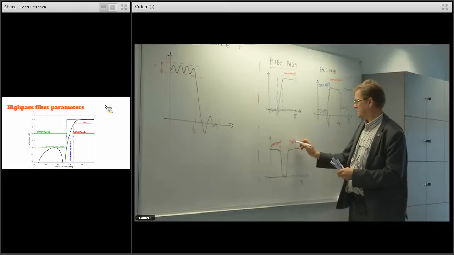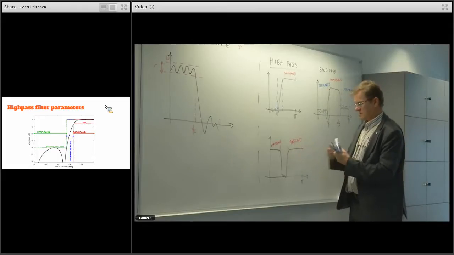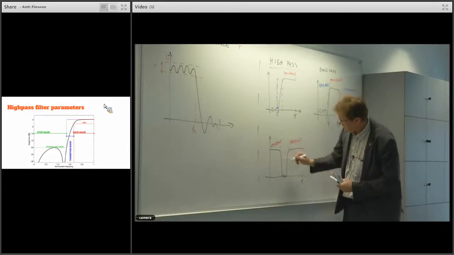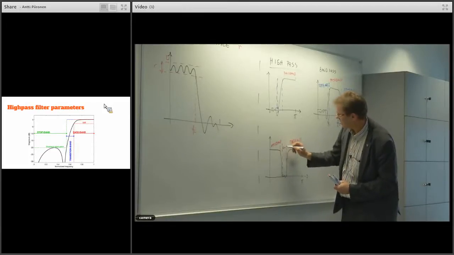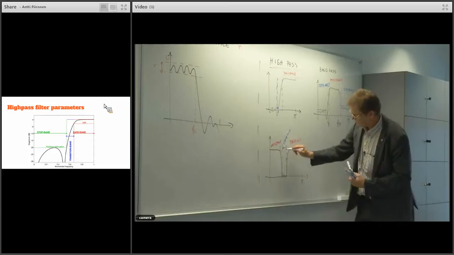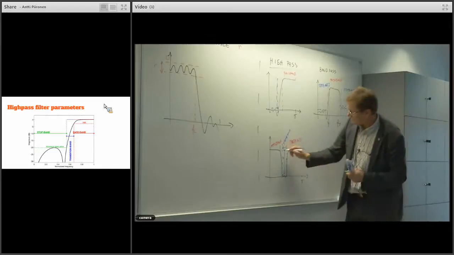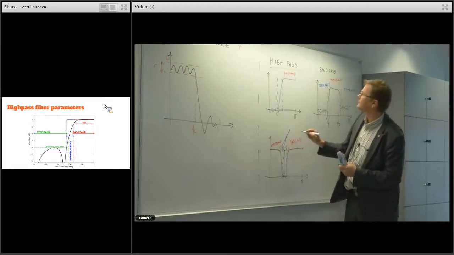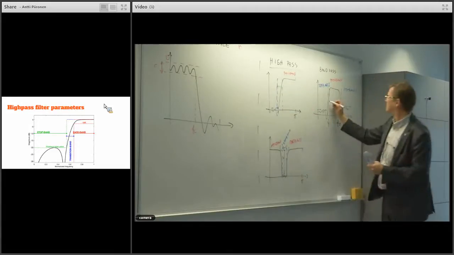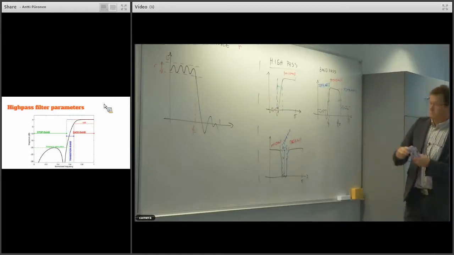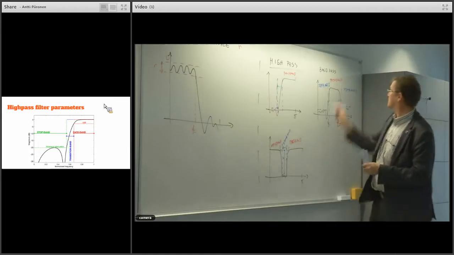Then there's the stop band, in blue. This one here is the stop band with the attenuation, of course. It has this attenuation A here. And 2 transition bands here. Okay, so this is called band stop.